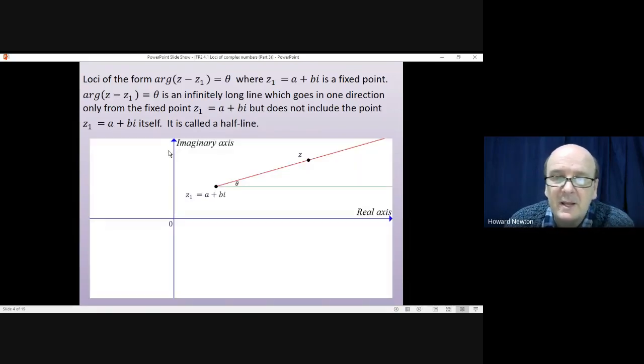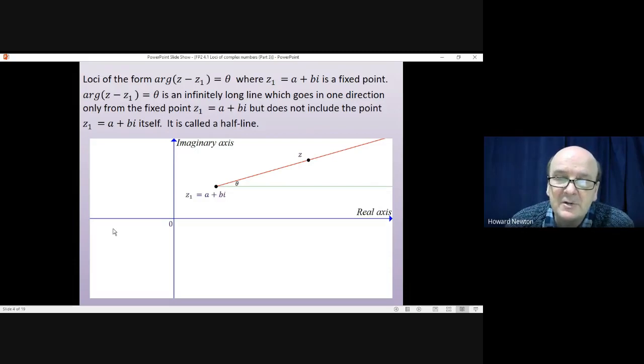You get something like that. So it is an infinitely long line stretching from the point a plus bi, where theta is the angle made between the line and the positive real axis. And it starts here. It is infinitely long, but obviously there is nothing to the left-hand side here, which is why it's called a half line.